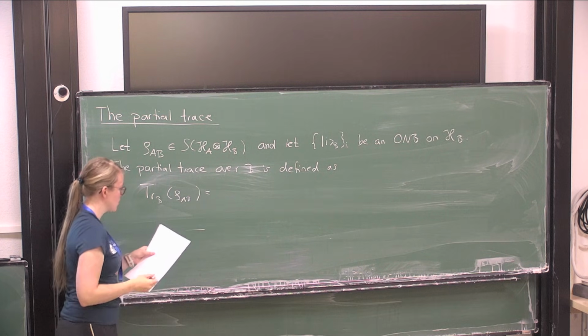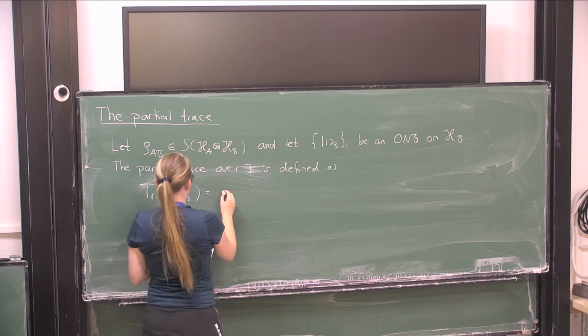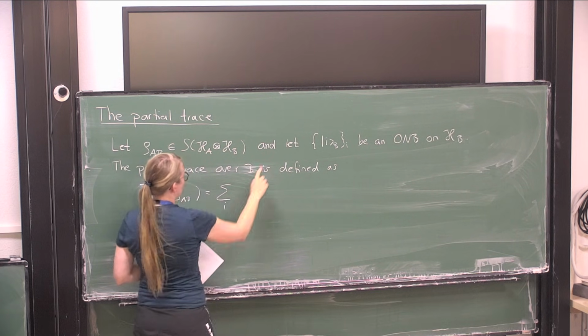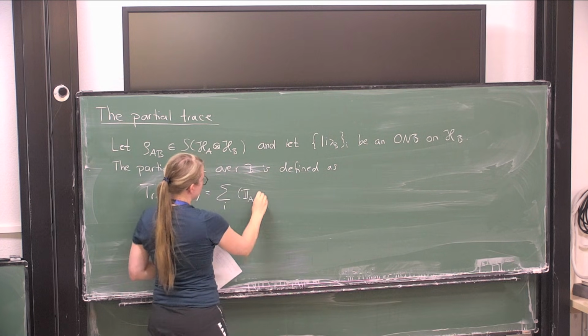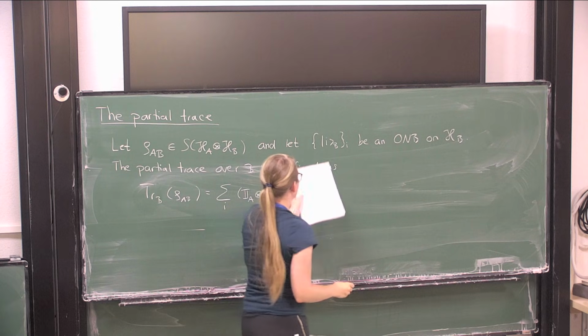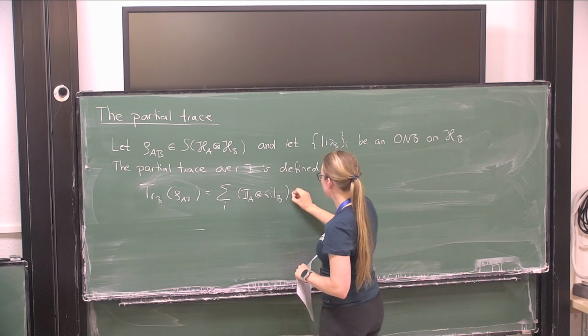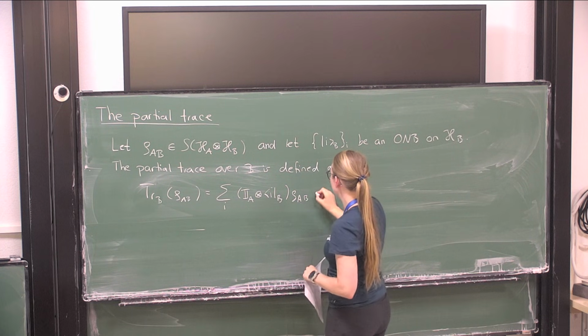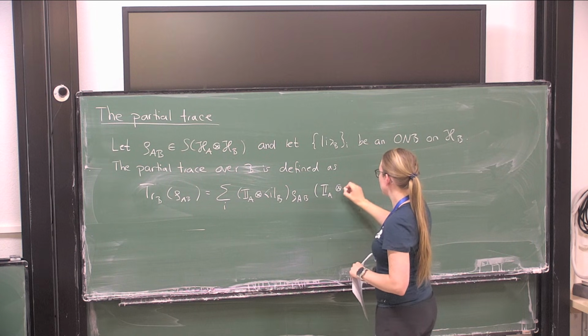We use this basis and sandwich the quantum state from both sides. So we take a sum over all the basis states and apply the identity of the A system tensor the state in the B system, and make the same thing on the other side.